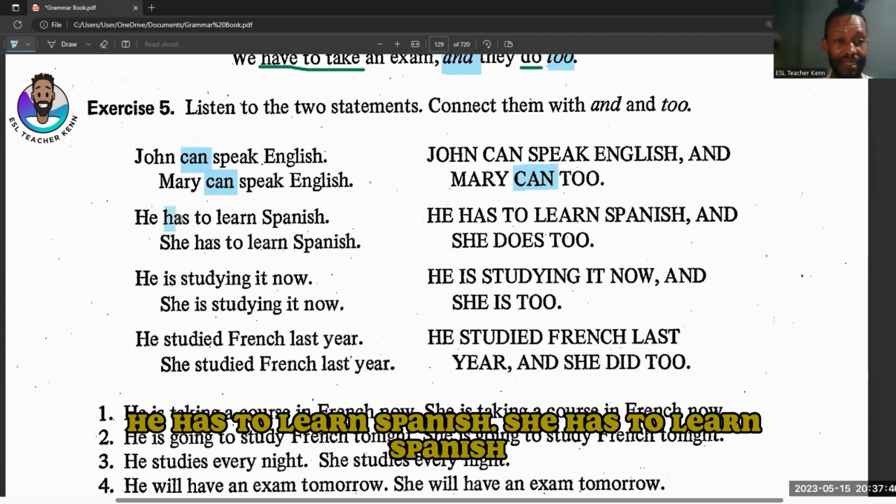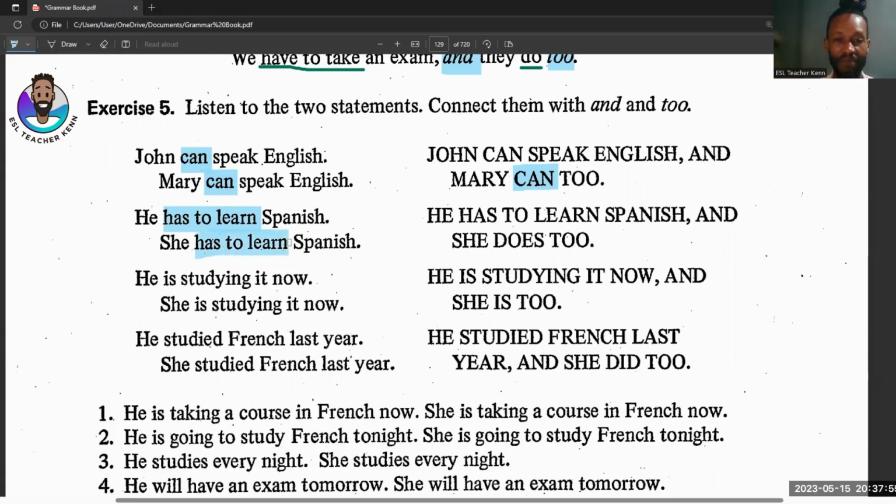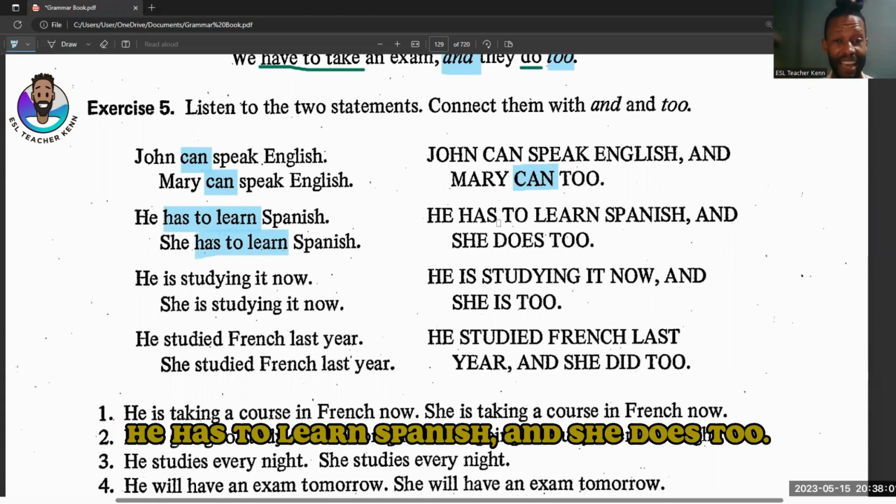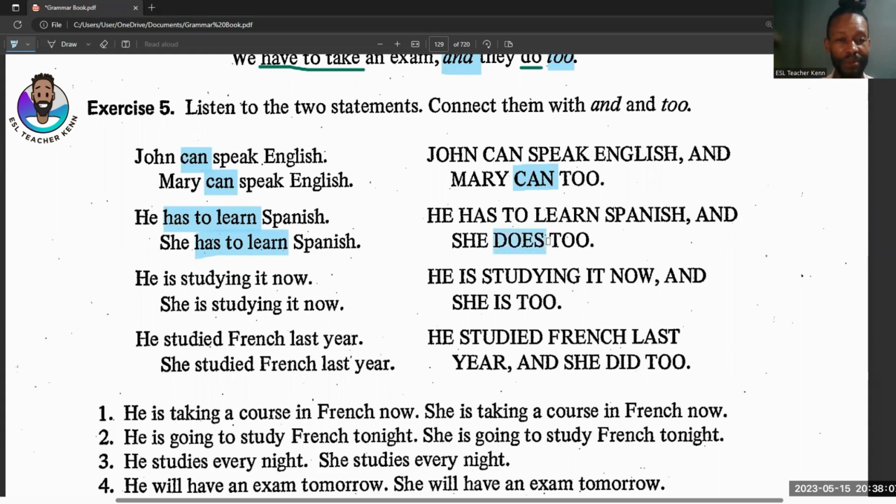He has to learn Spanish. She has to learn Spanish. He has to learn Spanish, and she does too.